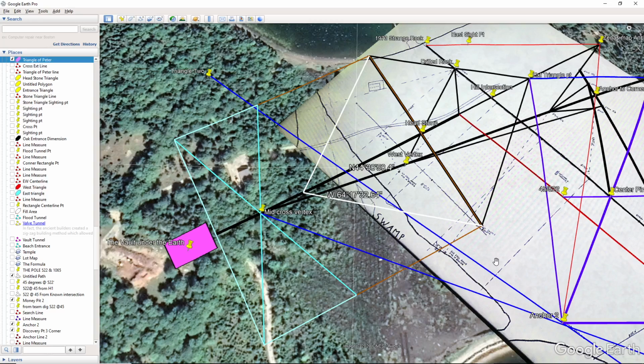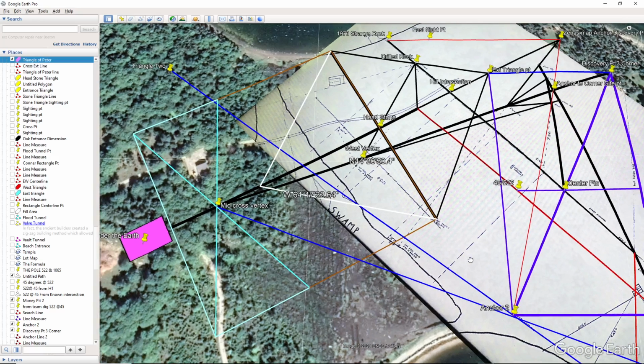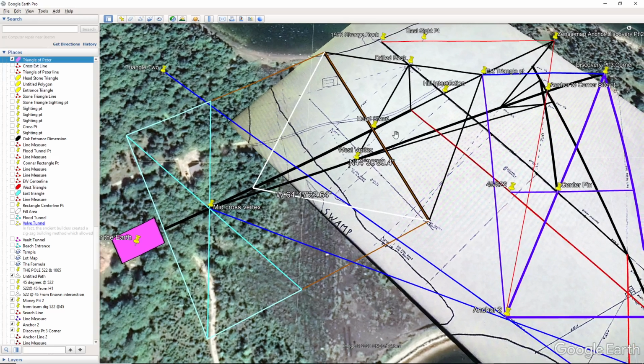Anything that you see in red is in between theoretical and hard fact. And I'll tell you how it works. The red ones emanate a vector from a known, already known hard landmark, where the black ones run, their vectors run through at least two known landmarks. So that's how you can tell what's happening on this map.